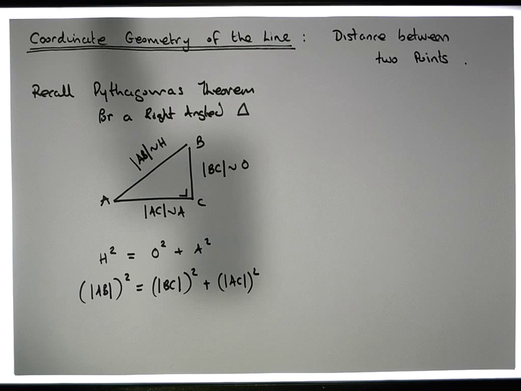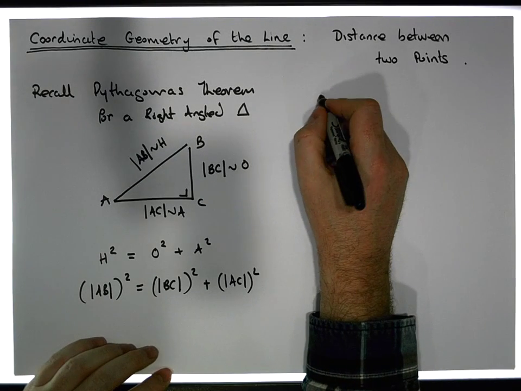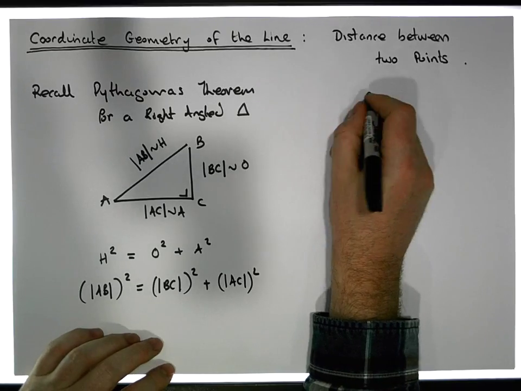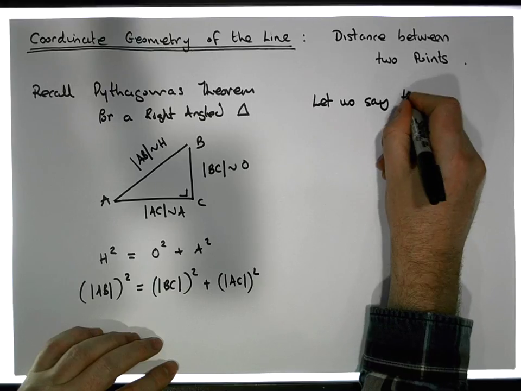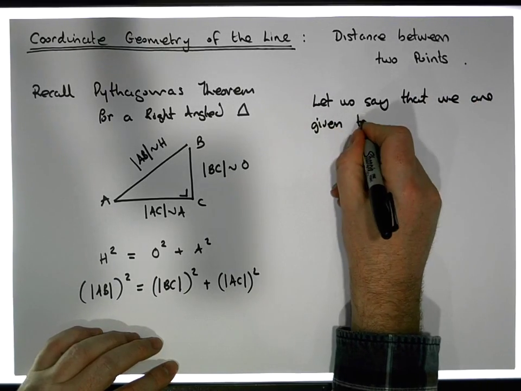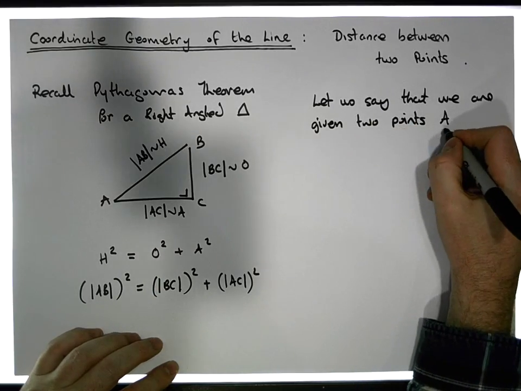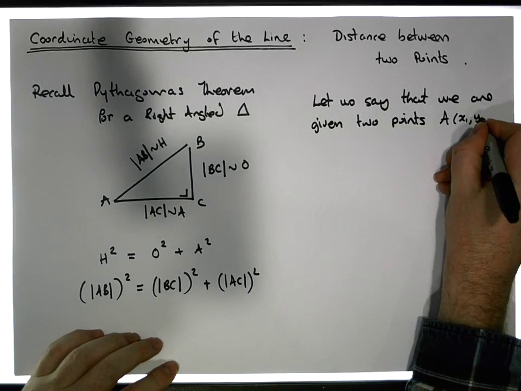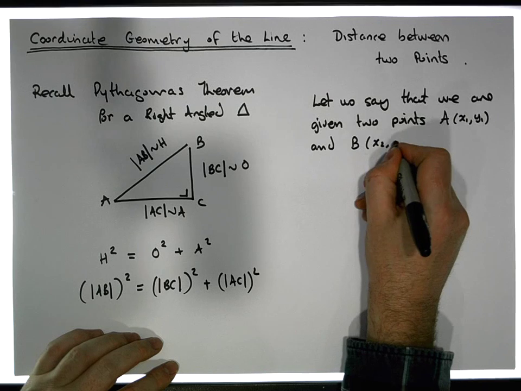So let's take this now into coordinate geometry, and in particular try to calculate the distance between 2 points. Let's say we are given 2 points. Let's call the first one A, which has coordinates x1, y1, and the next one B, which has coordinates x2, y2.